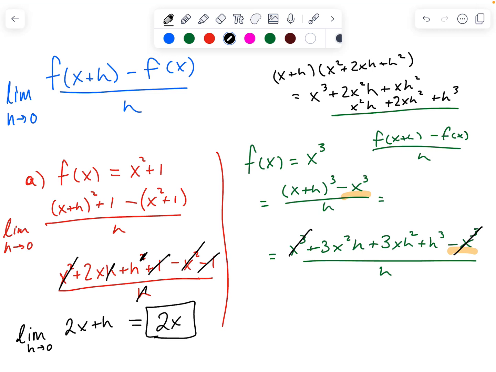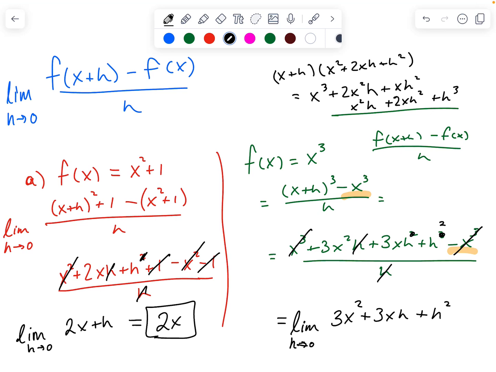x cubeds, h, and I end up with, really, the limit as h approaches 0 of 3x squared plus 3xh plus h squared.